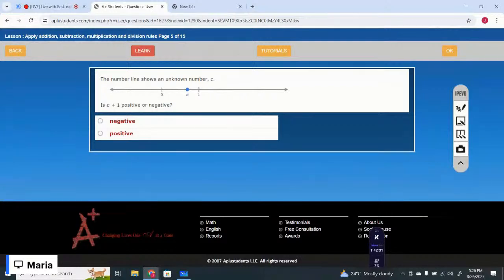The number line shows an unknown number C. Is C plus 1 positive or negative?